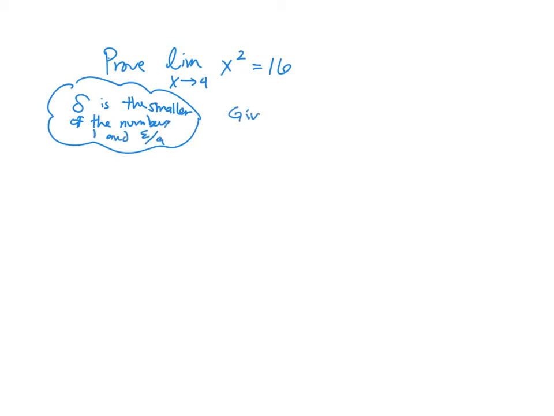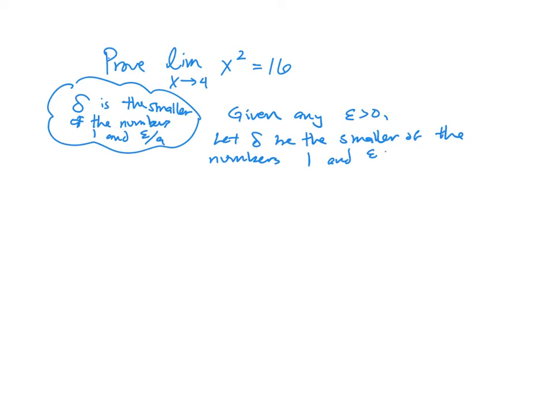So for my proof, I can say, given any epsilon greater than 0, let delta be the smaller of the two numbers 1 and epsilon over 9. So when they give you an epsilon, you find out what epsilon over 9 is, and if it's bigger than 1, you take 1. If it's less than 1, you take epsilon over 9.